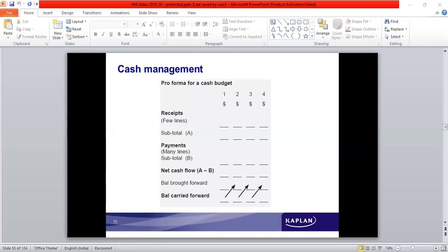After that, they say that with customers taking 2% discount, and 40% of sales will pay in the following month. So next percentage is 40% of sales. But when will the cash be received? The cash will be received in the next month.